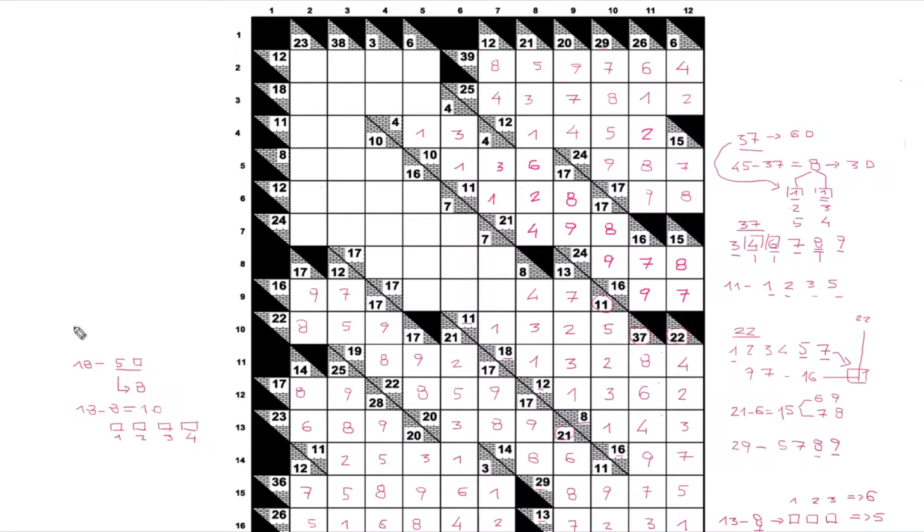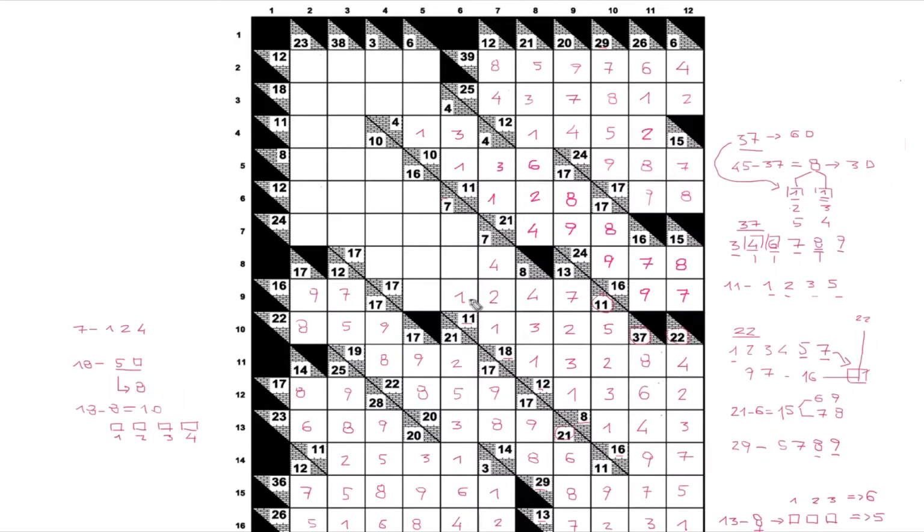Number 7, there is only one combination to making number 7 with 3 numbers, and this combination is 1, 2 and 4. Here is a 1, here is a 4, and here will be number 2, here will be number 4. For number 7 here, the same logic.